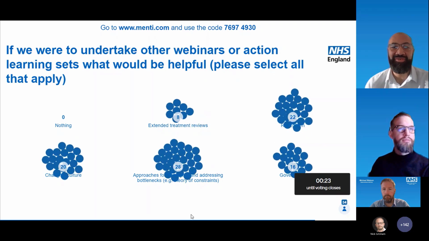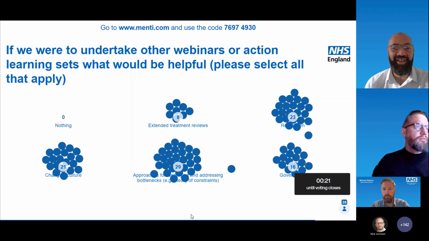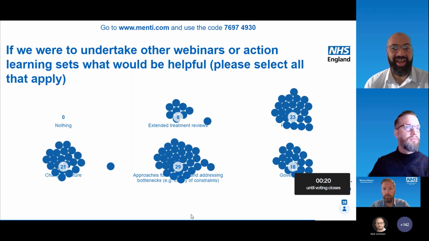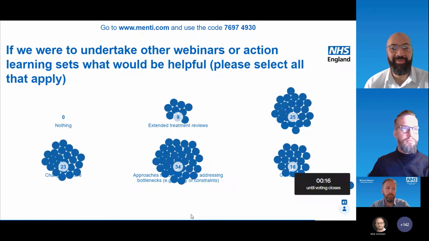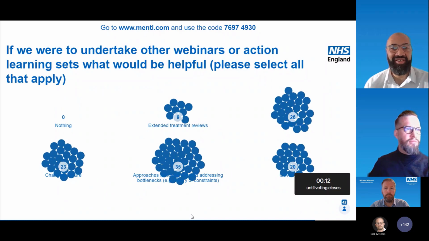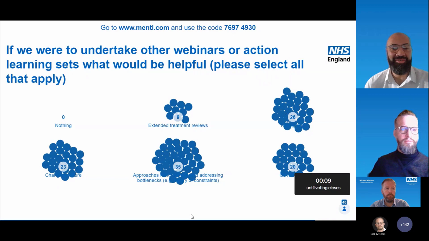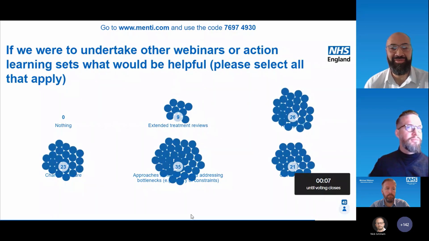Governance is another one that's coming through strongly. Those are definitely areas where we could look at putting together a further webinar or action learning set in the future. It's great that people have taken part, and we can use that feedback when we're moving forward.